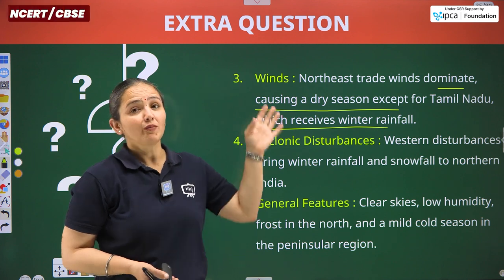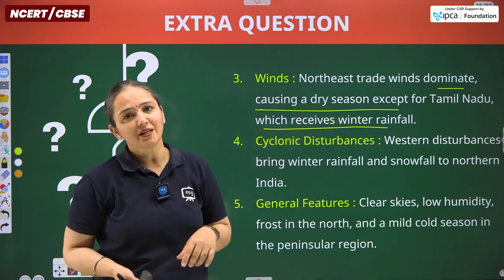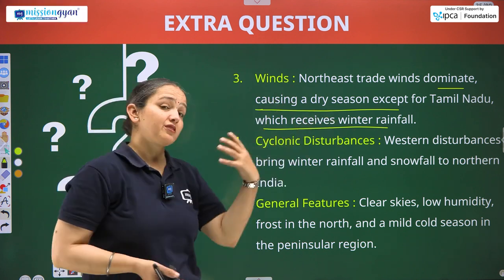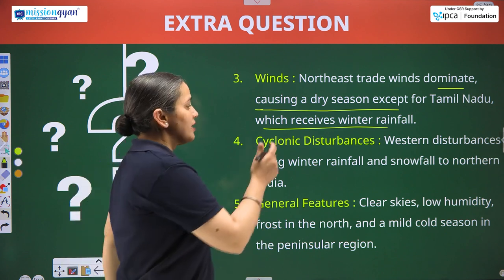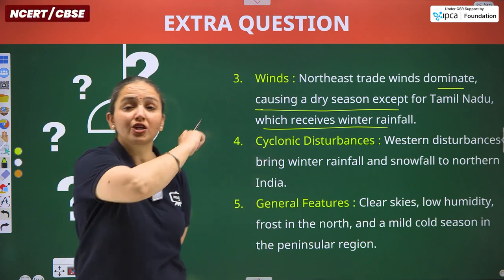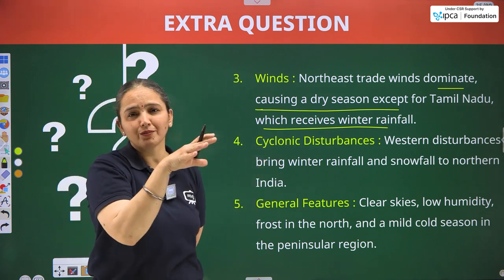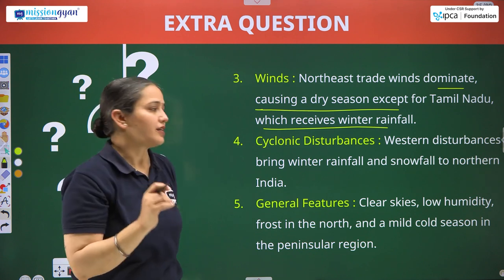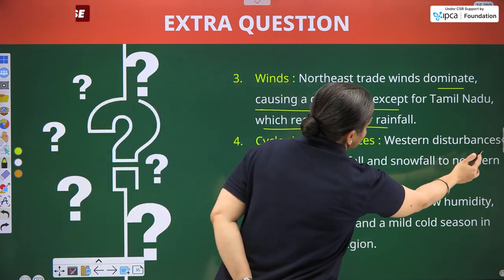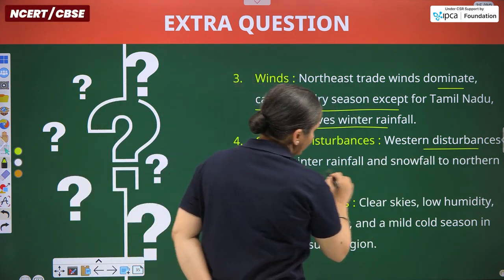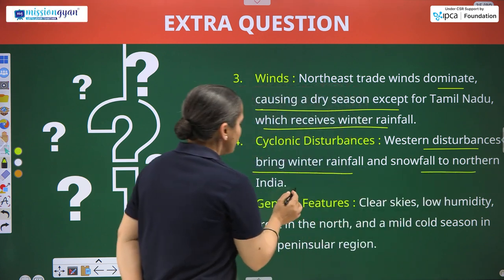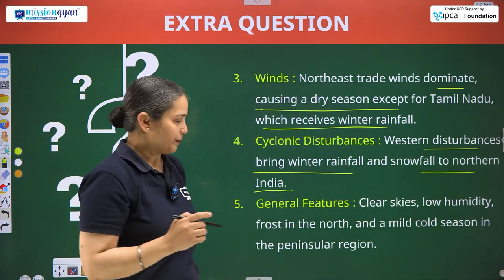Why specific? Because it is the only region that experiences rainfall in winters. Then there are cyclonic disturbances originating from the European continent, from the Mediterranean Sea. These western disturbances bring winter rainfall and snowfall to the northern part of India.